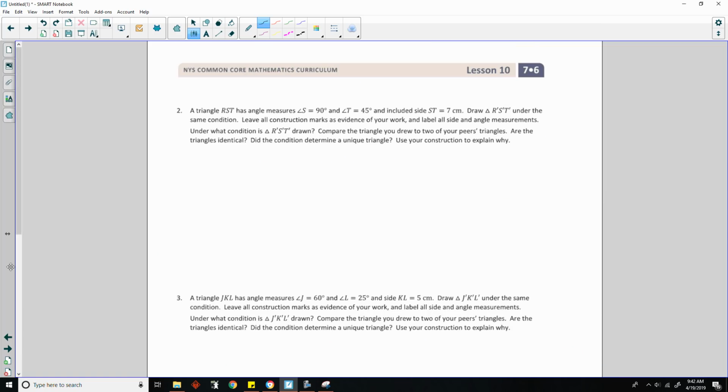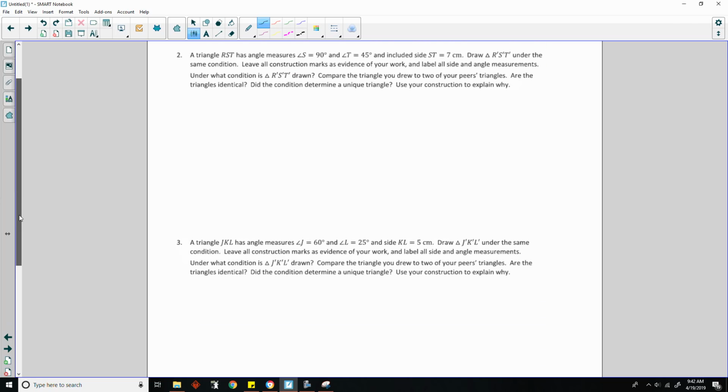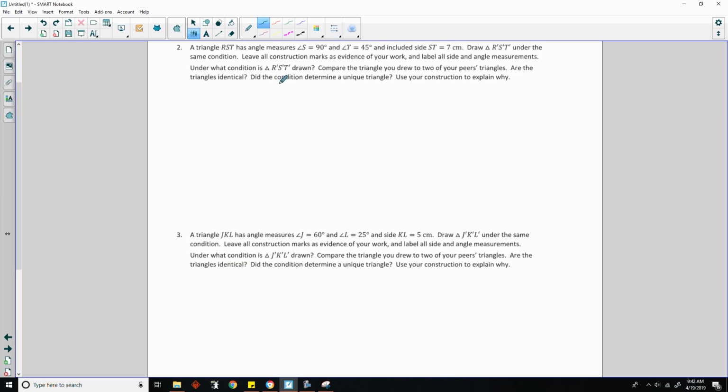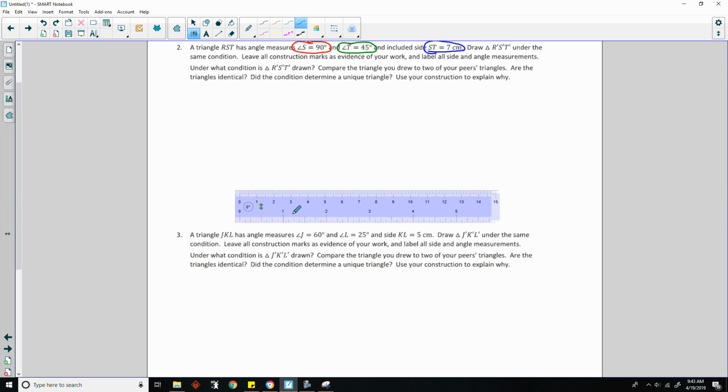Okay, number 2. A triangle RST has angle measure S is a 90-degree angle, so we have a right triangle. T is 45 degrees, and the included side ST is 7 centimeters. Draw R prime, S prime, T prime. So I'm going to start with my ruler, and I bring it down here, and I'm going to draw ST 7 centimeters in length.